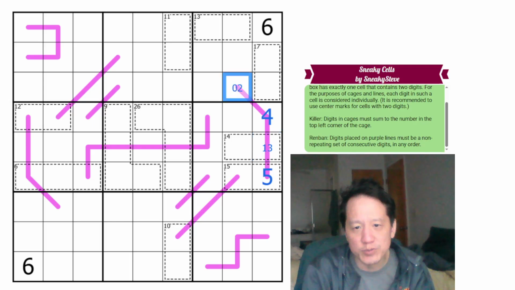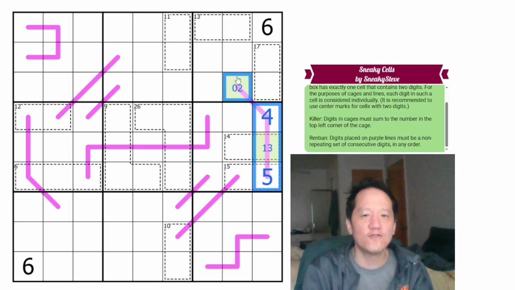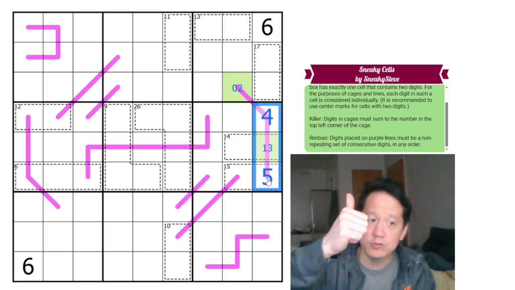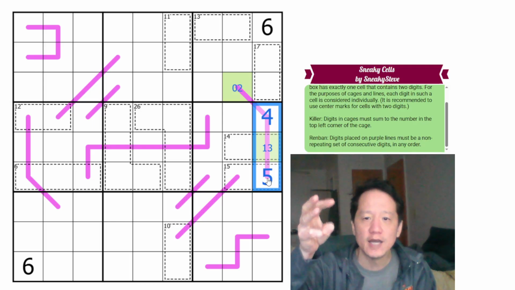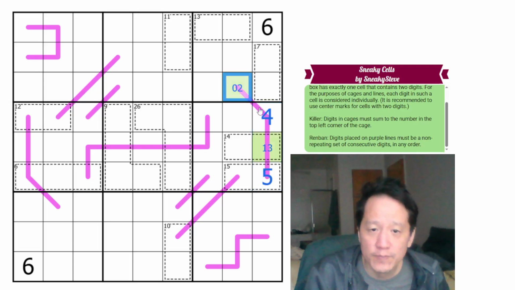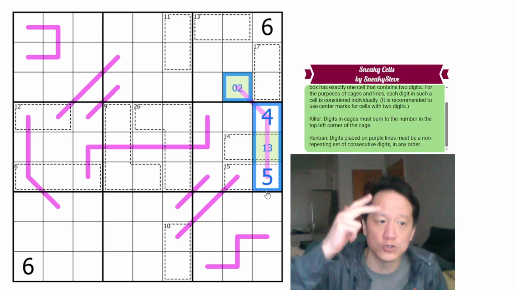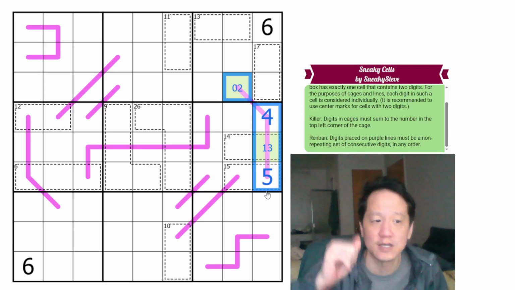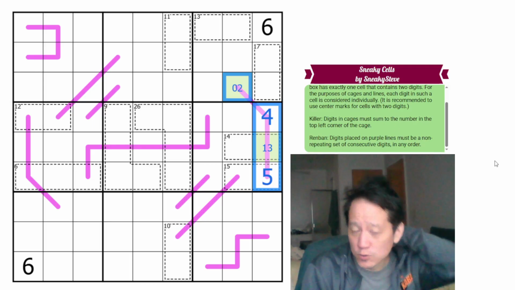These two cells would be Schrodinger cells. If you consider all the digits, they form a consecutive set ranging from 0 to 5: 0, 1, 2, 3, 4, 5. And they do not have repeats, because on a Renban line you cannot have repeats. So this would work as a Renban line because it has the digits 0 through 5, which are all consecutive. And those are all the rules.